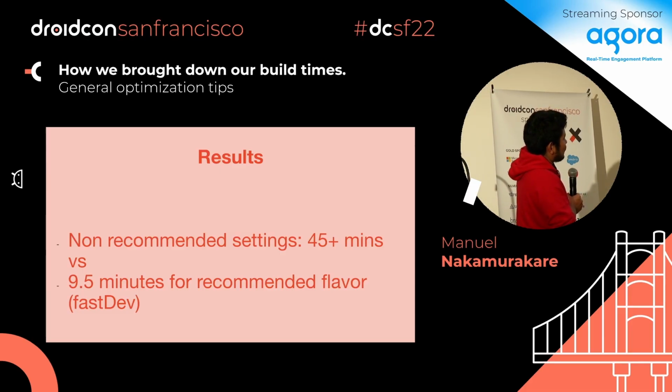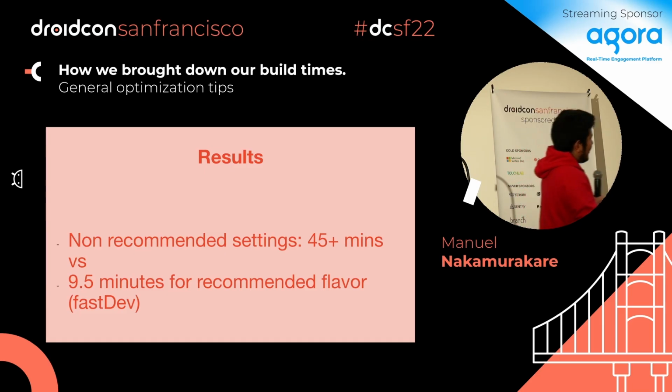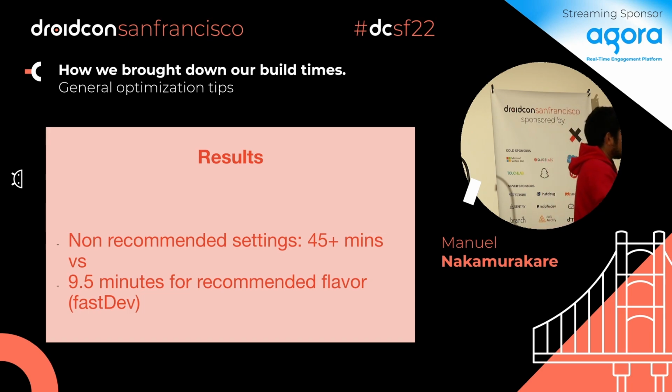And these were some of the findings that we got. So when people were not using the recommended settings, sometimes their builds could take up to 45 minutes. And the reason why this happened was that the recommended settings were not the default, meaning that when people set up their environments, they had to enable a couple of flags.